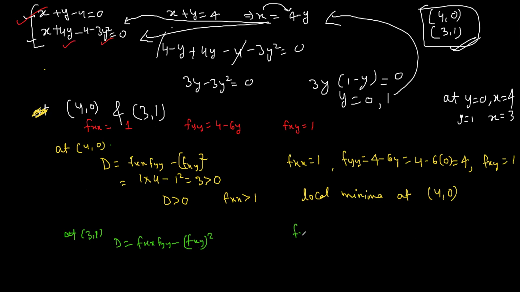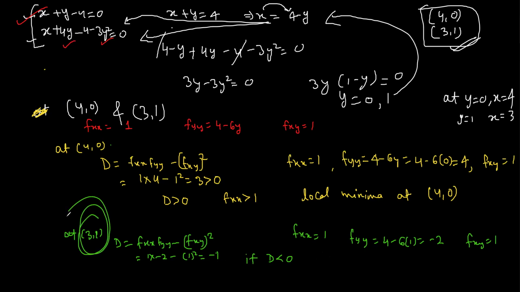Okay. Here fxx is 1, and for fxy, put y equal to what? 1. Check the condition. Minus 3. Sorry, minus 1. You know, if D is negative, D negative means this is a saddle point.